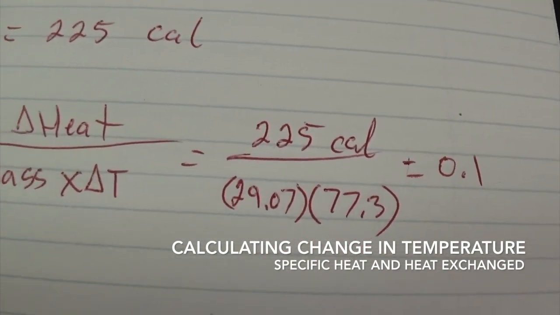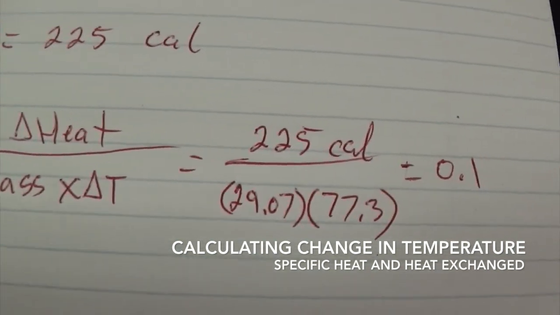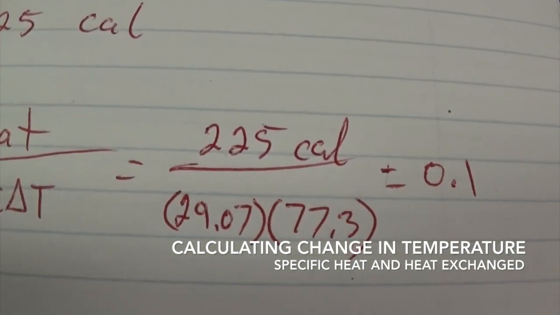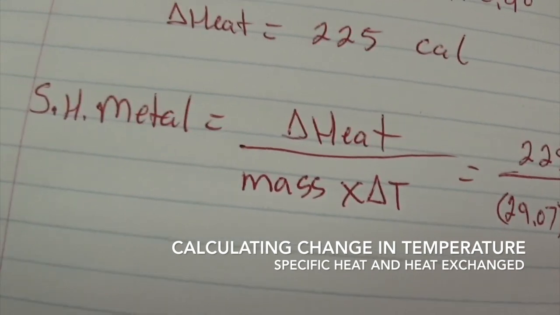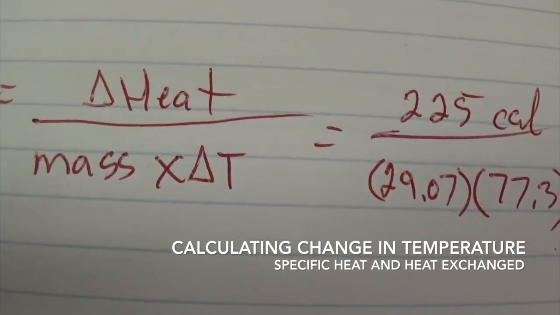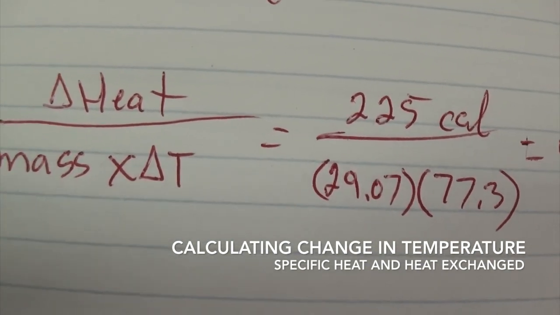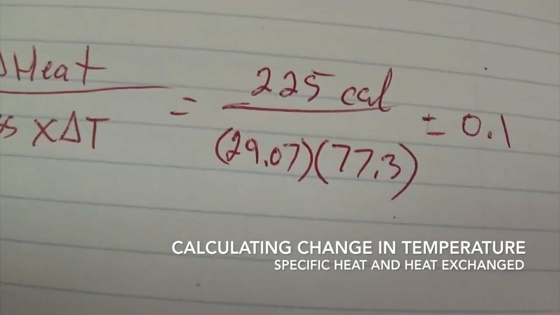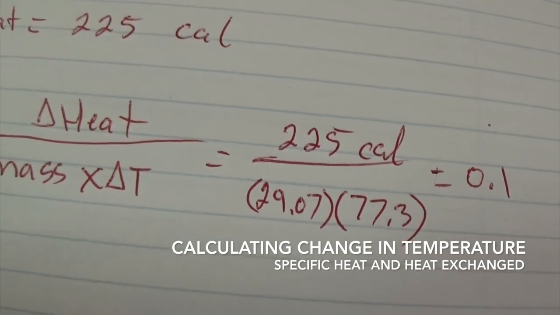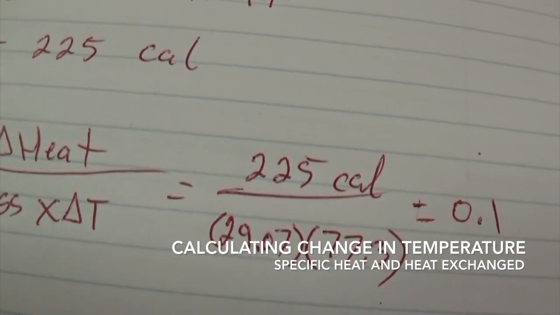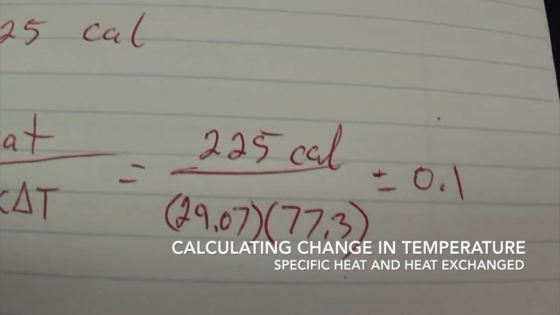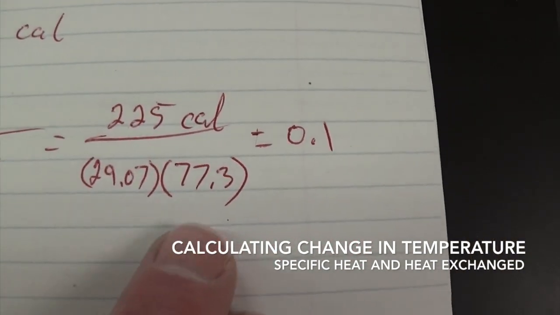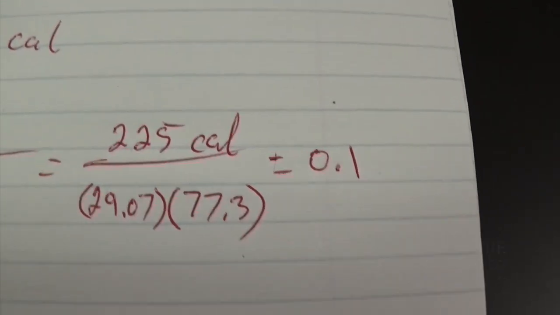The energy that is gained or lost in the process is the 225 calories. The mass of the metal, in this situation the brass, was 29.07 grams, and the change in temperature for the brass was 77.3. If I take the number on the top and divide it by the value on the bottom, following order of operations, because for the two on the bottom you need to get a product there first and then divide, that gives me approximately 0.1.